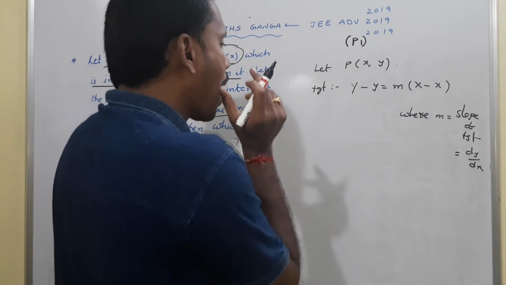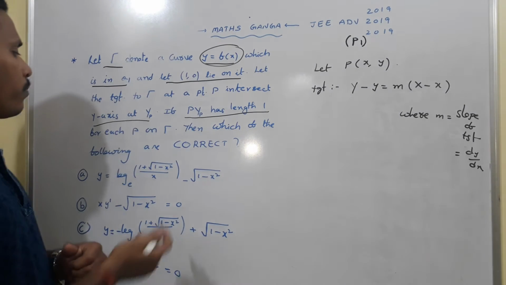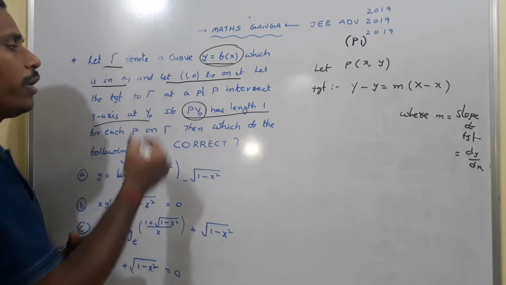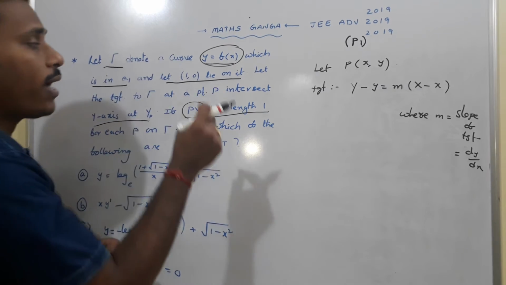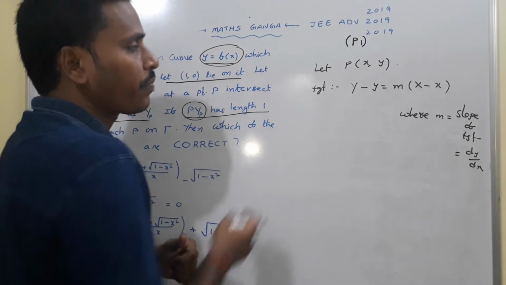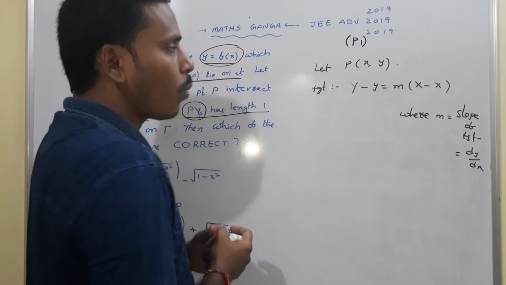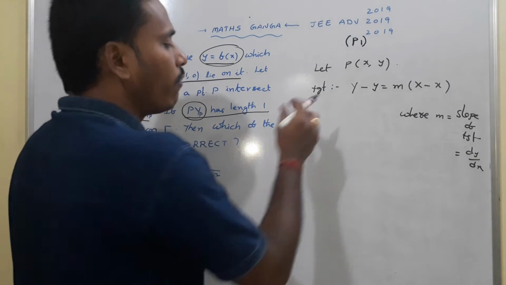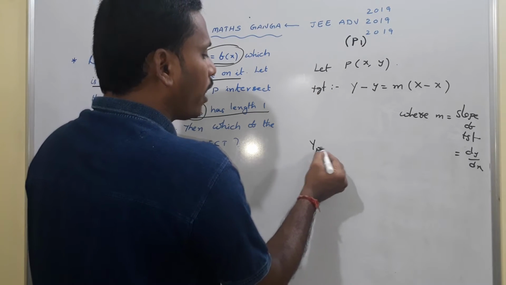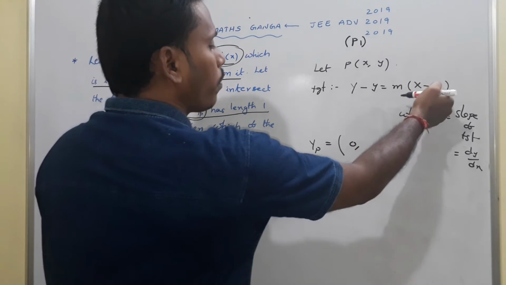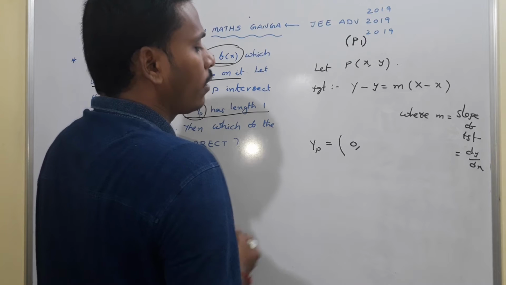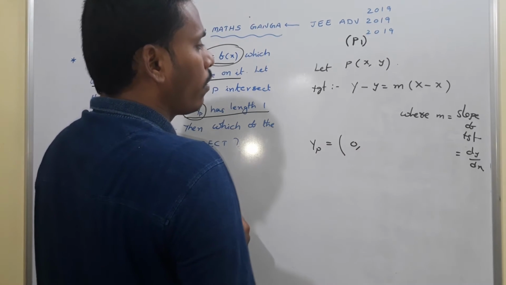Now what we need to do is move with the PYP length as 1, where YP is where the tangent intersects the y-axis. Since this tangent is intersecting the y-axis at a point YP, for that YP, the x coordinate is 0. On the y-axis, the x coordinate is 0. So if you replace X with 0, then what is the value of Y?